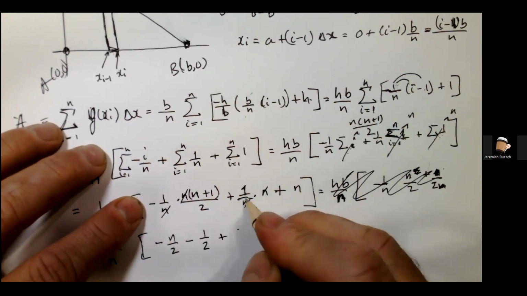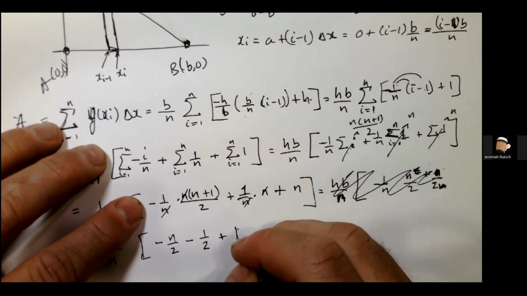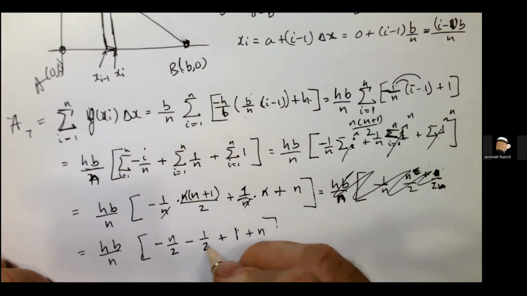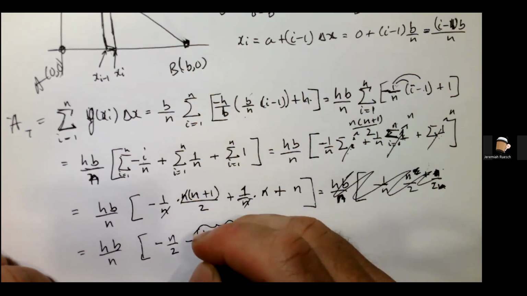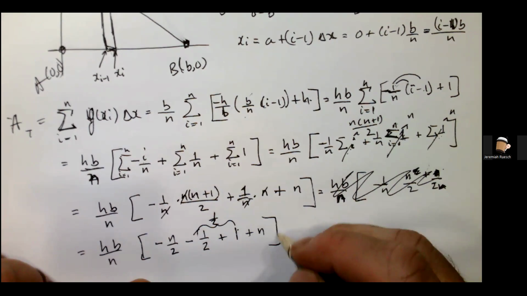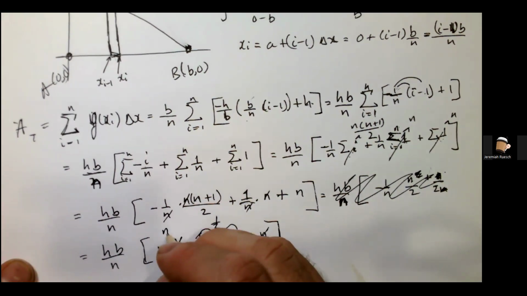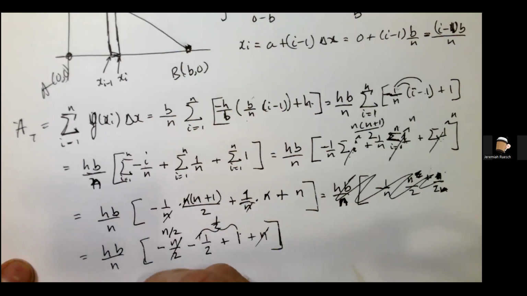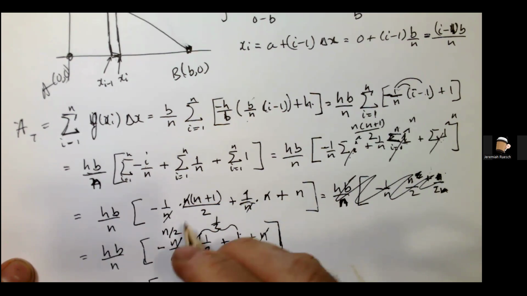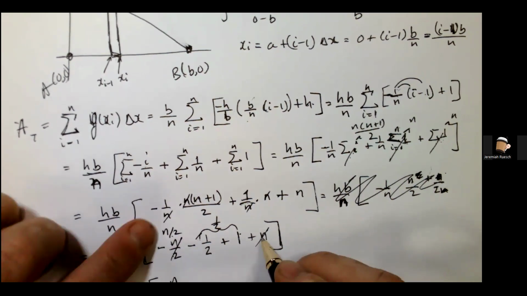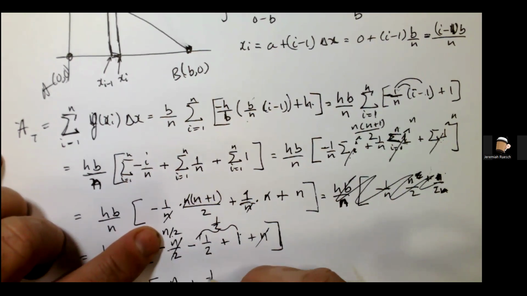Okay, plus, that looks like what, a 1? And then plus n. So it looks like I can simplify a little bit more right there. So it's going to be n over 2, or sorry, 1 half. So this right here can simplify to 1 half. I'm going to have an n over 2, and I guess those can simplify also to n over 2. So hb over n, what do I have? I have an n over 2 coming from these two simplifying, and then I have a plus 1 half.